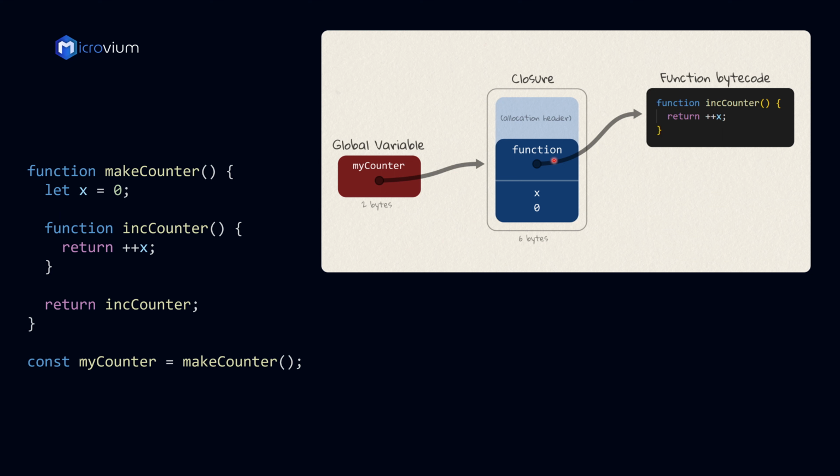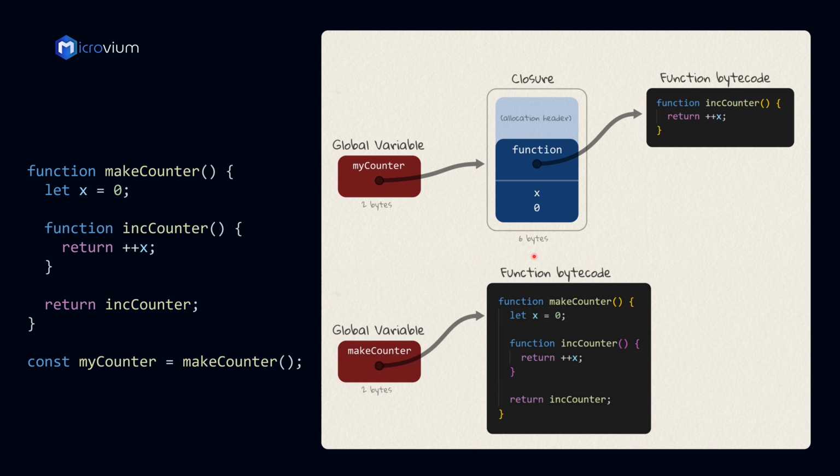The closure contains a function pointer that points to where in the bytecode it should run when the closure is called, and the bytecode itself is stored in ROM. And it contains the variable x, which is another 2-byte slot. And because this is a heap allocation, there's an additional 2 bytes for the allocation header. So this closure in total takes 6 bytes of heap memory.